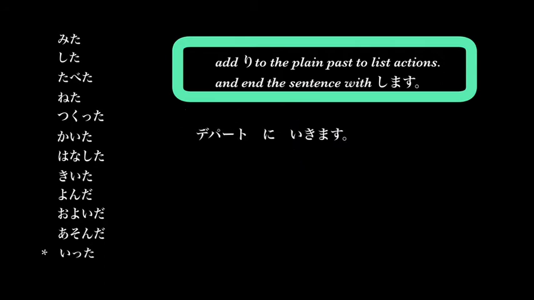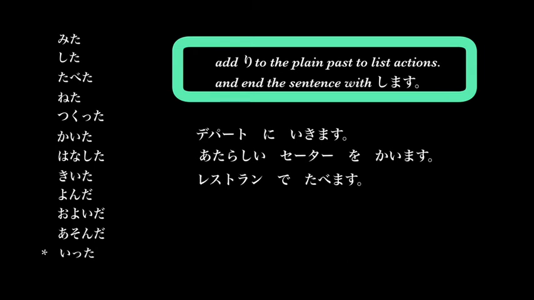On an outing to a department store, we may say things like, Departo ni ikimasu, I go to the department store. Atarashii seita o kaimasu, I buy a new sweater or jumper. Restaurant de tabemasu. 3 things we might do. We change each of those verbs to the plain past, itta, katta, and tabeta.